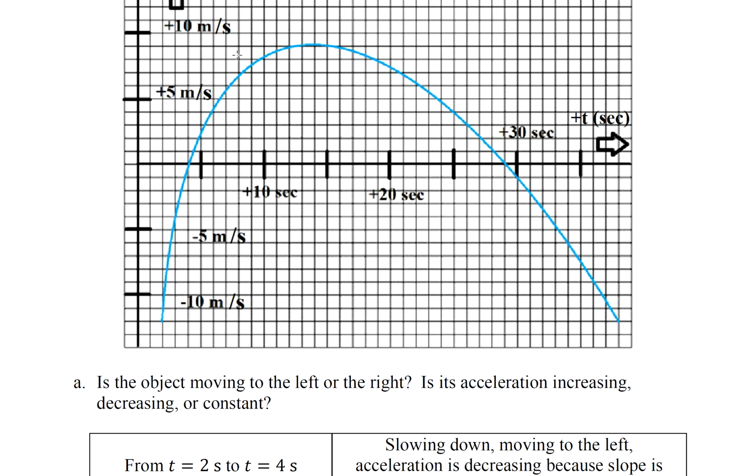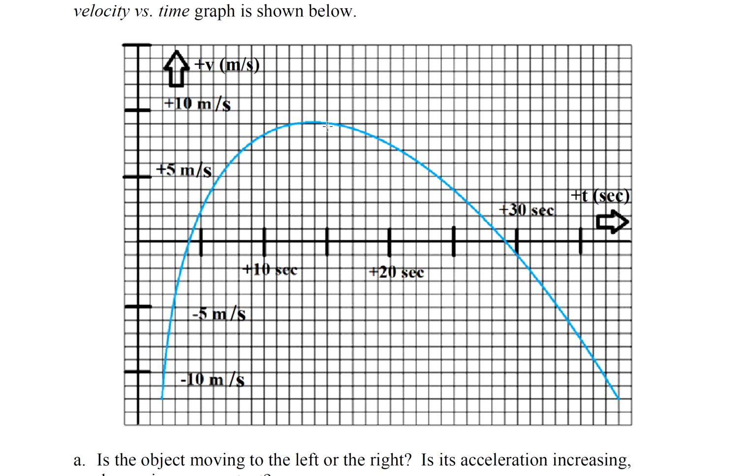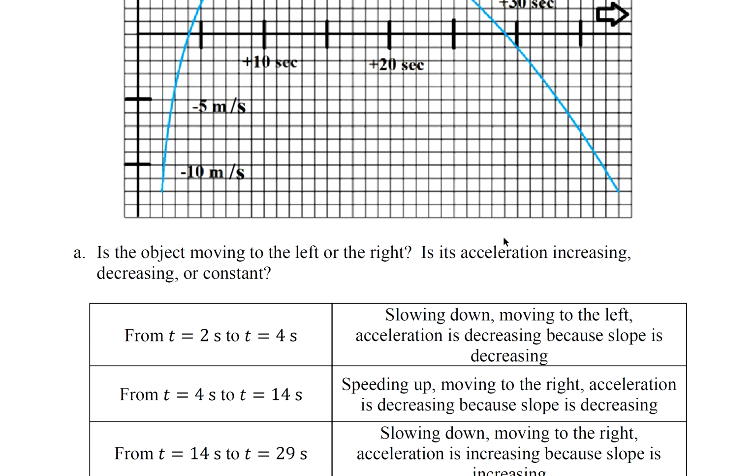Then from 14 to 29 seconds, you could see that we're slowing down and acceleration is negative. So we're going to the right because velocity is positive. We're slowing down, but moving to the right.